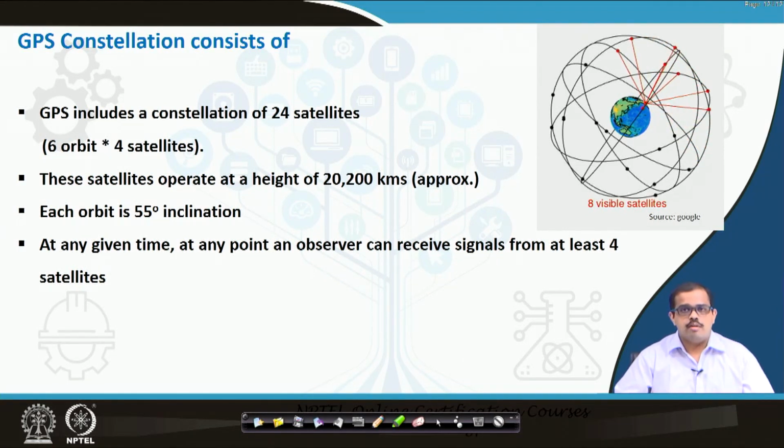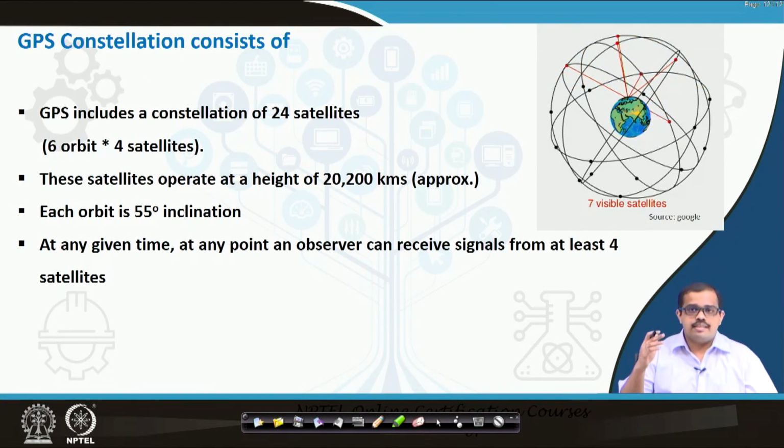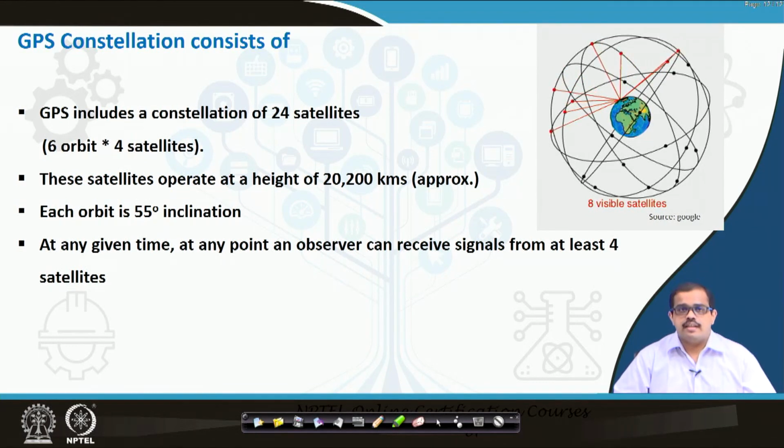You have polar orbiting satellites, you have geostationary satellites, and most of your GPS satellites are at about 20,200 kilometers. This information lets you understand which kind of satellites are where and how they are inclined. Each orbit has a 55 degree inclination.